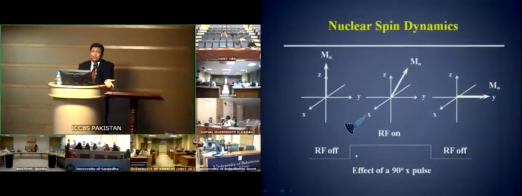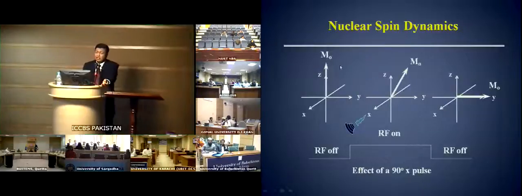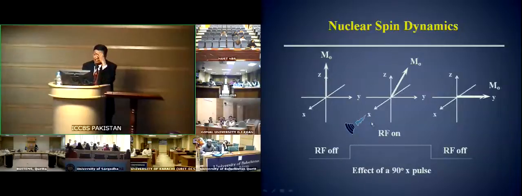Okay, exactly the same thing is called spin dynamics, gymnastics of spin. This is your longitudinal magnetization vector representing the Boltzmann distribution axis, the axis in the lower energy state. This is your radio frequency pulse.